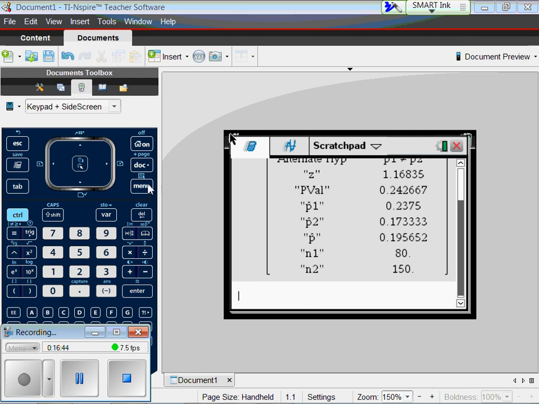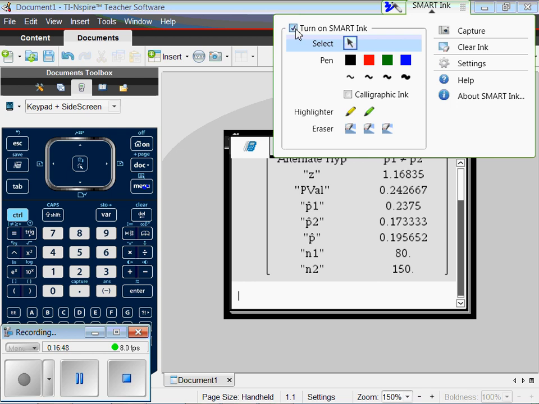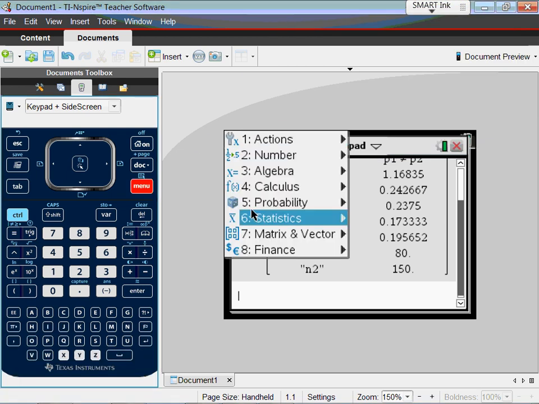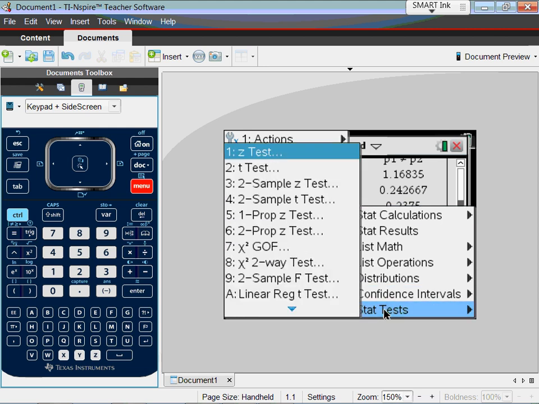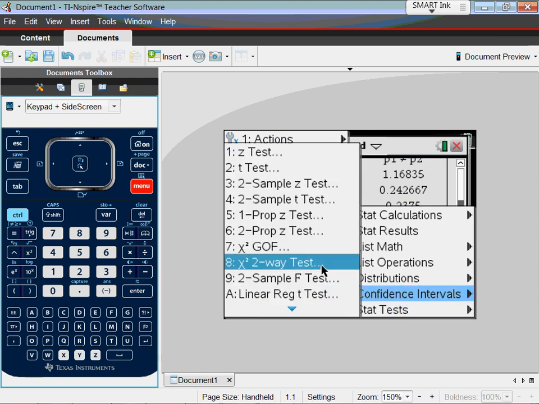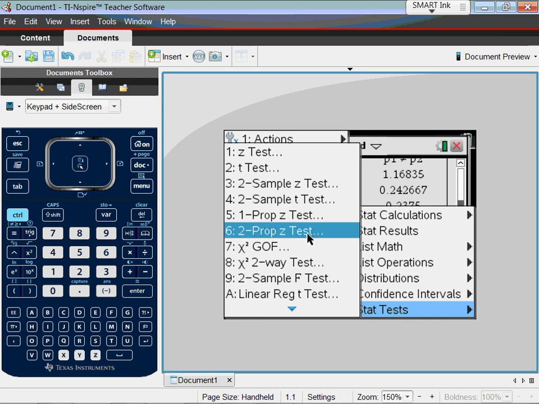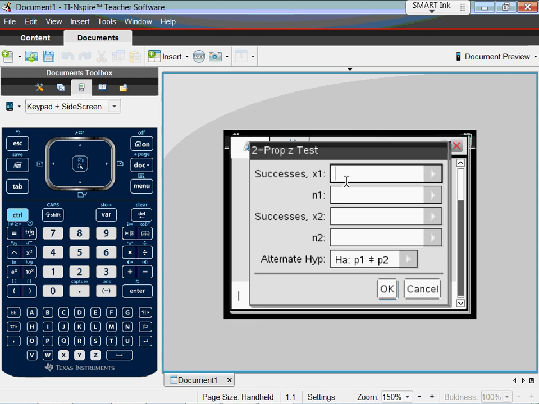So we go to menu. You guys should be doing this with me. Statistics, stat tests, two proportion z-test. For the first one, we had 56 in the gemfibrozil group out of 2051.